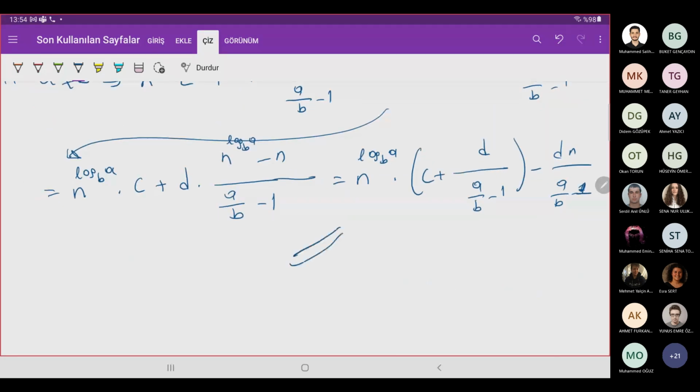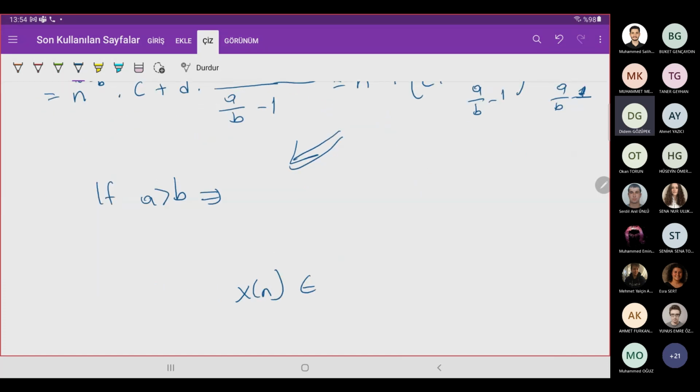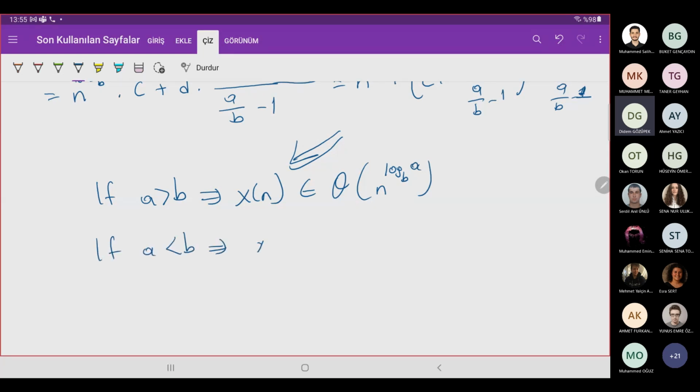So if a is greater than b, then x(n) is theta(n to the power log_b a). If a is less than b, then x(n) is theta(n). Okay?